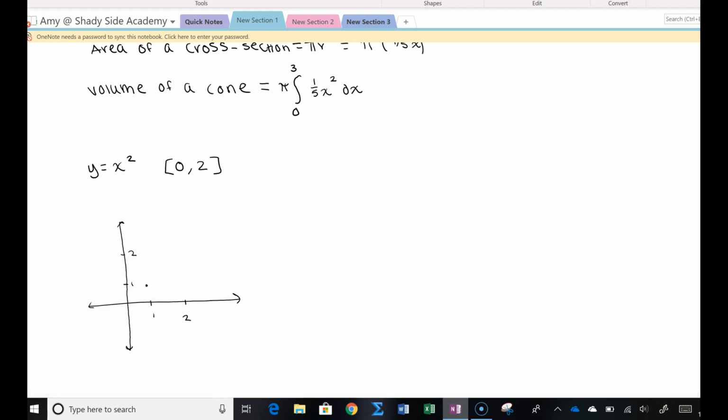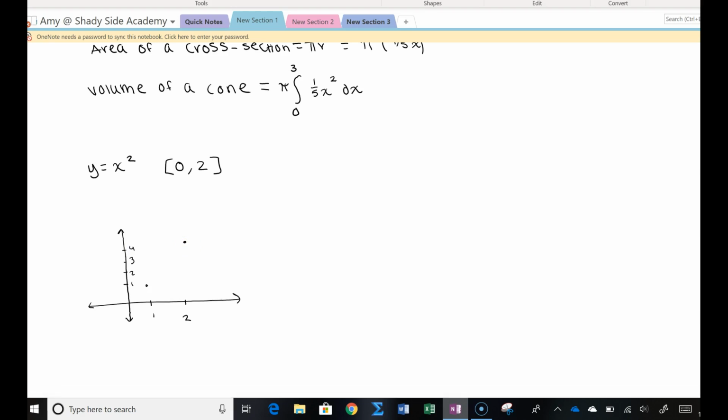Okay. I would like you to now shade the area between what you just sketched and the y-axis. Probably can see where I'm going.